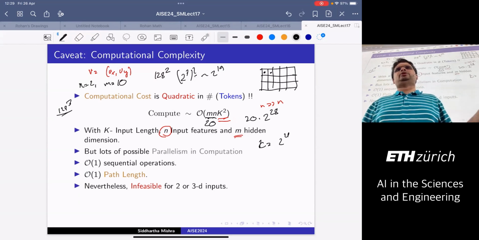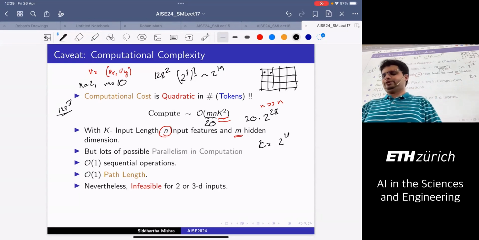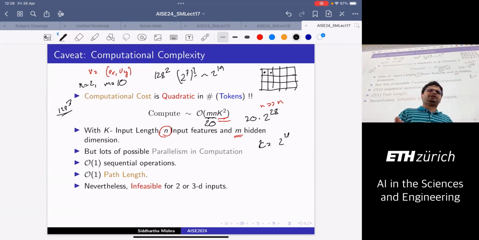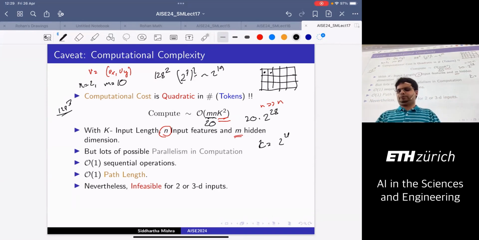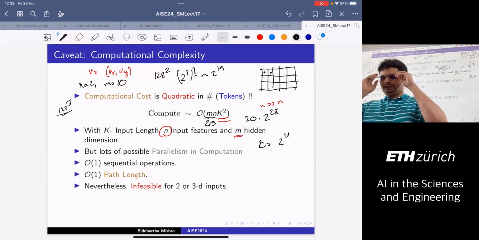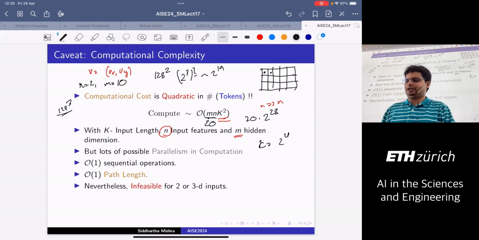Even the whole of human knowledge as encapsulated in Wikipedia, for instance, is not that many tokens. But as soon as you come to images, and to scientific data sets, which are closer to images and even videos, three-dimensional images and so on, you get into a problem. This is the problem with transformers, right? Because they have this quadratic cost, and that can hit you hard in some cases.